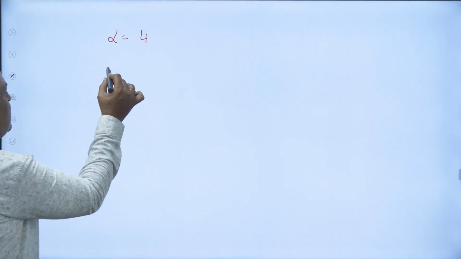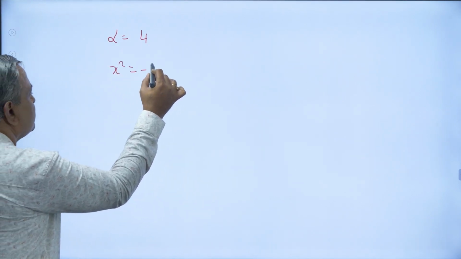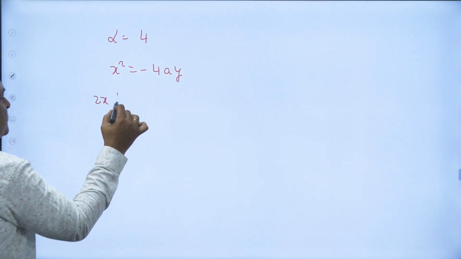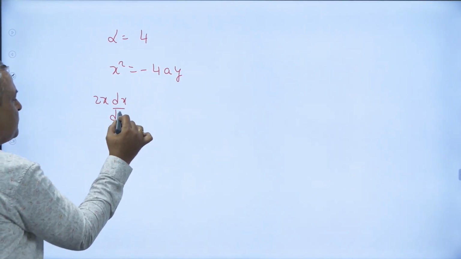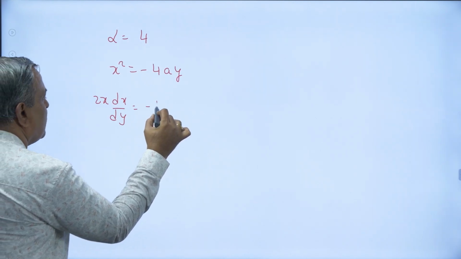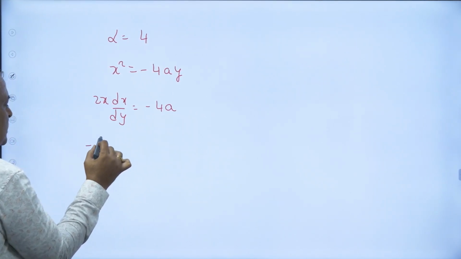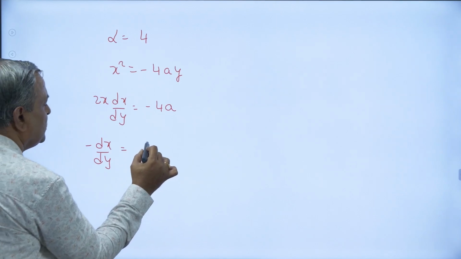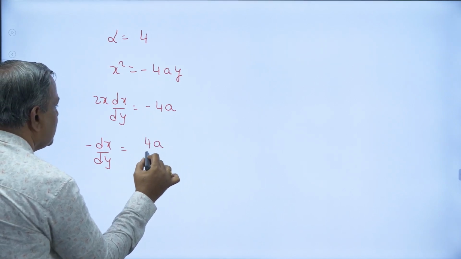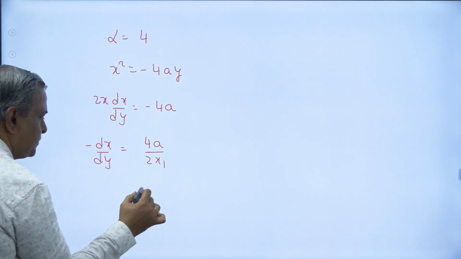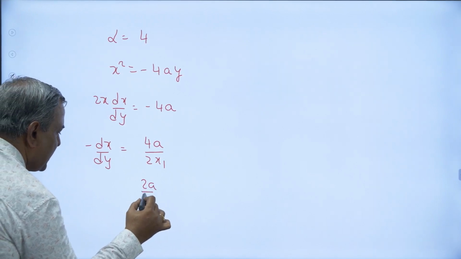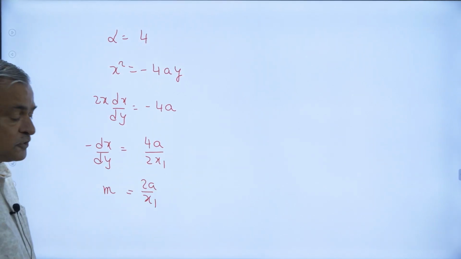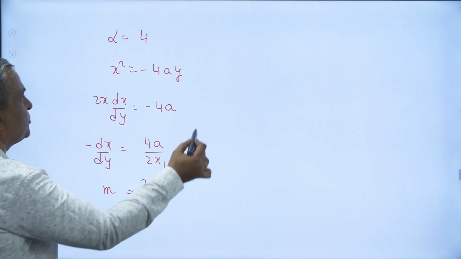So what is the equation given to us? X square is equal to minus 4ay. Differentiate it. 2x dx by dy is equal to minus 4a, or minus dx by dy is equal to 4a by 2x1, at any point. So this will give you 2a by x1, which is equal to m, the slope of the normal. Slope of the normal is given as 1 by root 6.